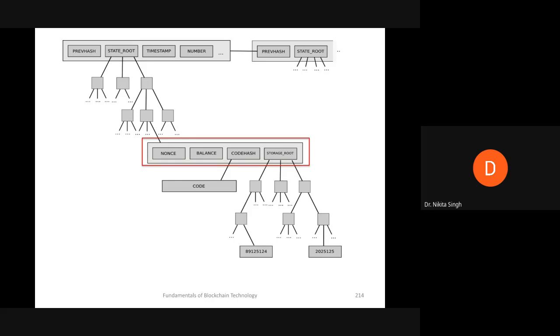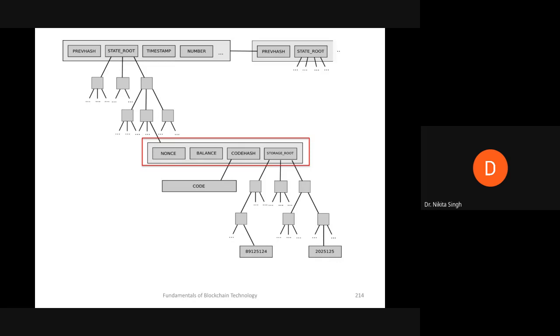So as mentioned, Ethereum stores and manages data using a data structure which is known as the trie. And there are three types of trie on the Ethereum blockchain. We have a state trie, we have a storage trie, and we have a transaction trie.